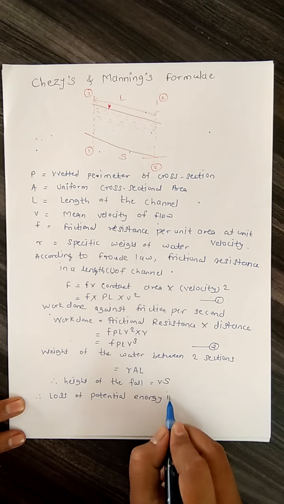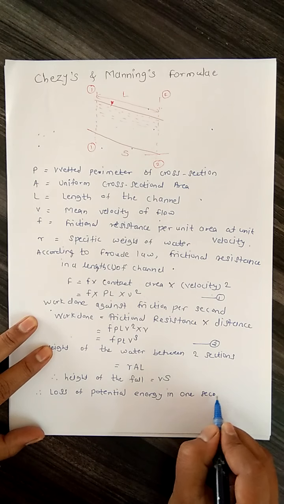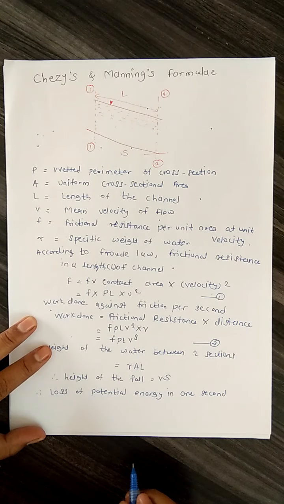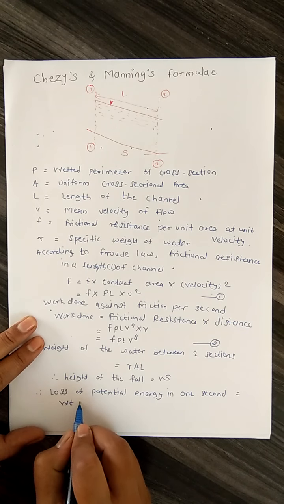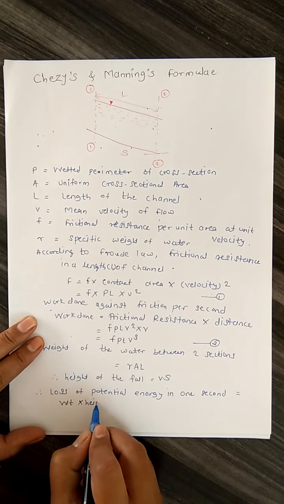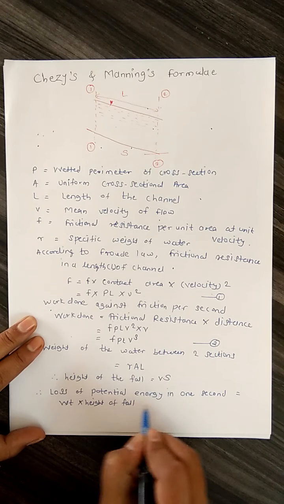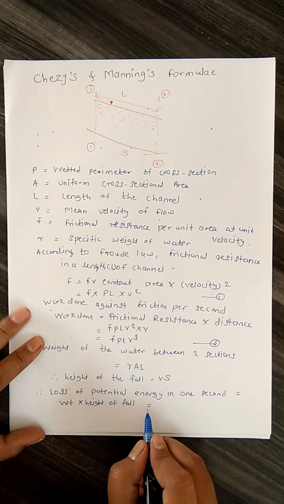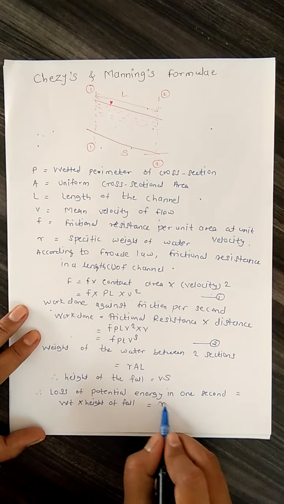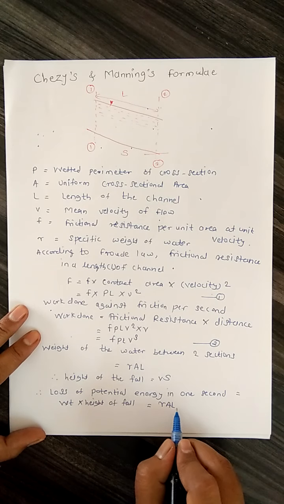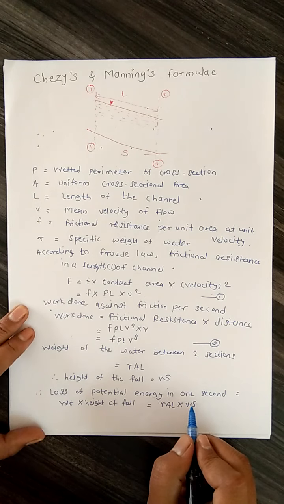Hence loss of potential energy in 1 second is given by weight into height of fall, which is equal to, weight is our gamma into A into L, and height of the fall is given by small v into s.